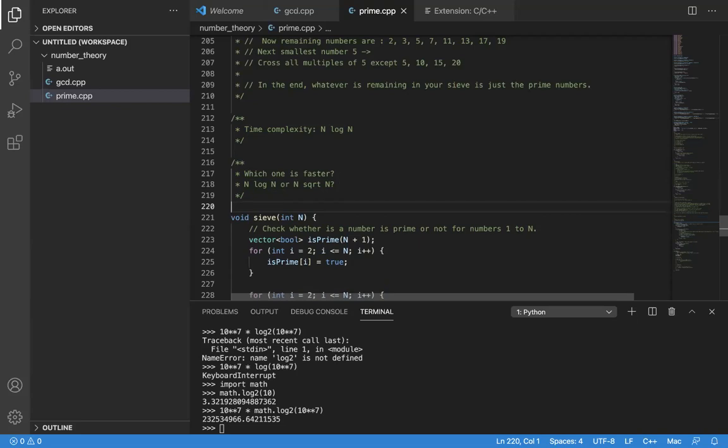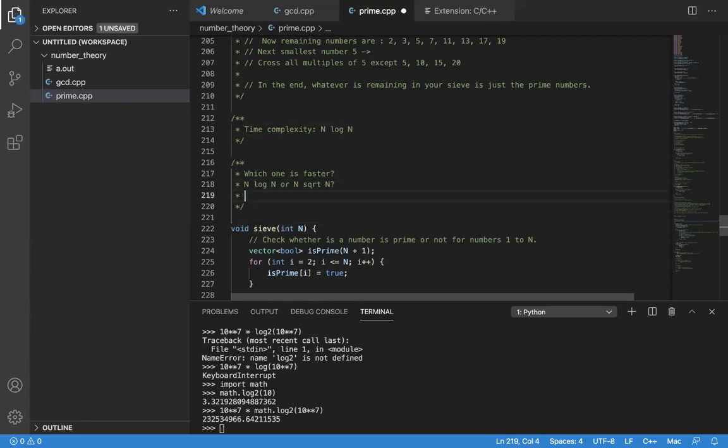So square root of n is even larger. So its time complexity, you can assume it to be n log n. n log n is not a proper tight bound; you can have even better bounds than this. But for all practical purposes, you can assume it to be n log n.